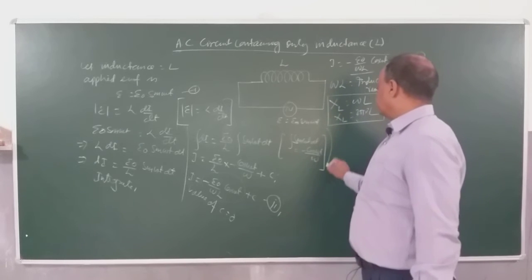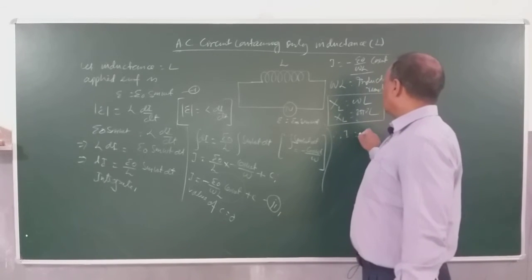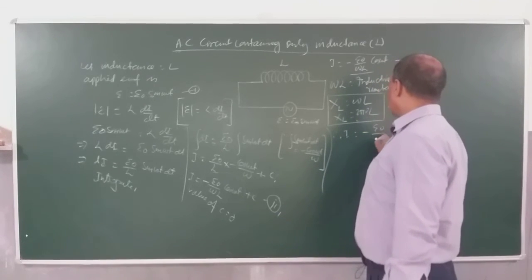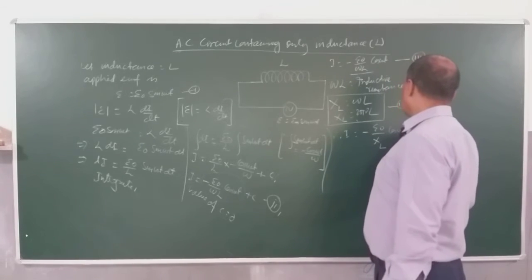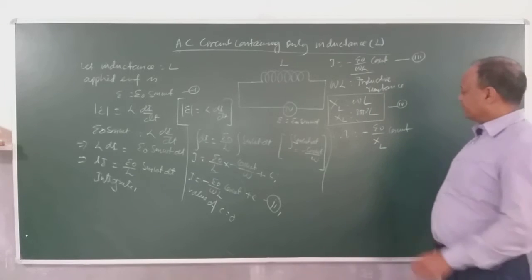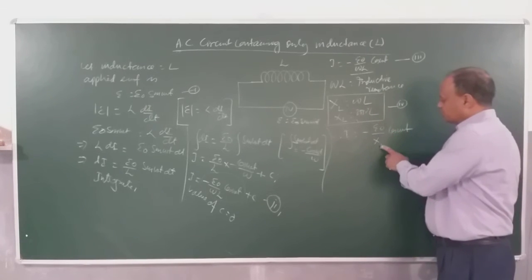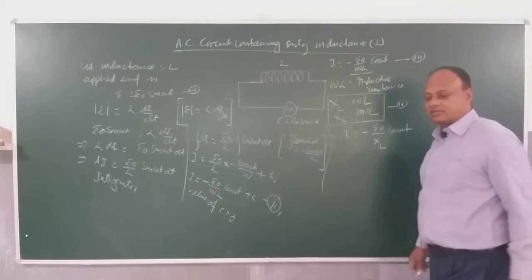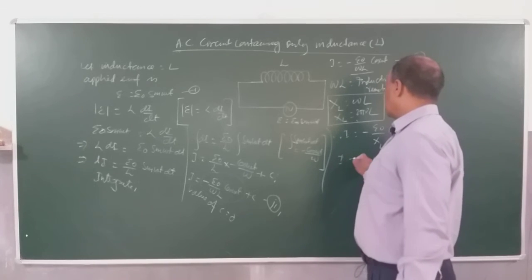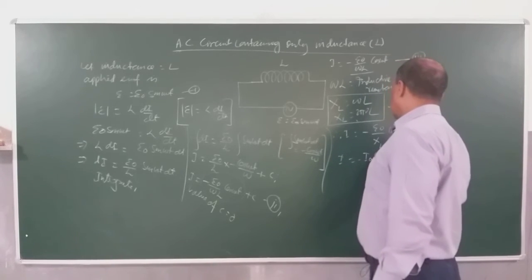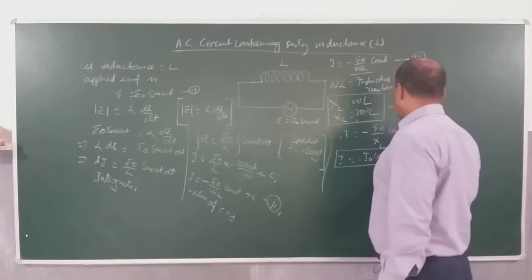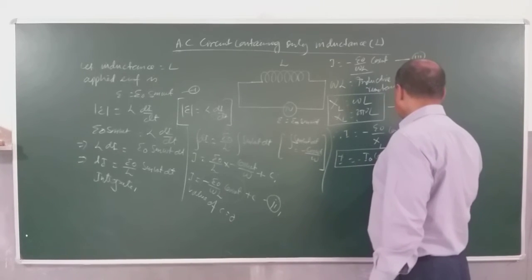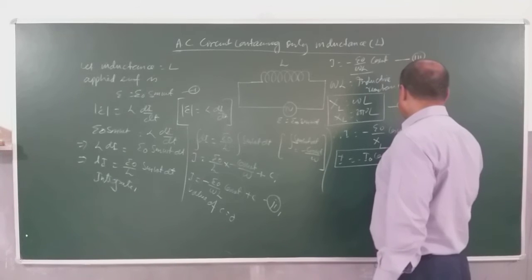Therefore I can say current I is equal to minus E naught by XL cos omega t. And children, maximum voltage by resistance will be what? Maximum current. So I can also say I equals minus I naught cos omega t. Now this is another interesting result. This is equation 5.